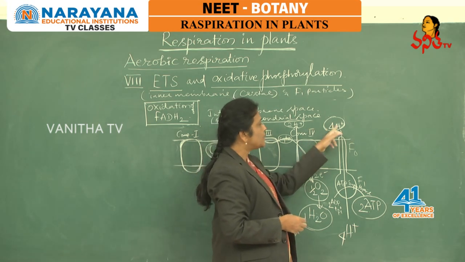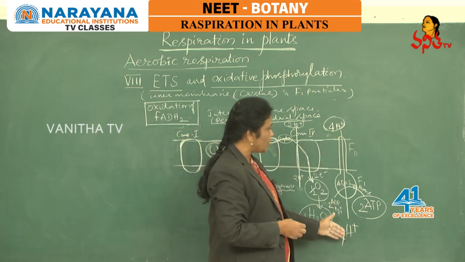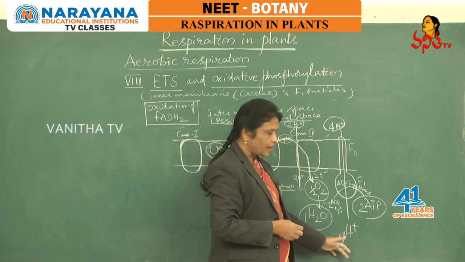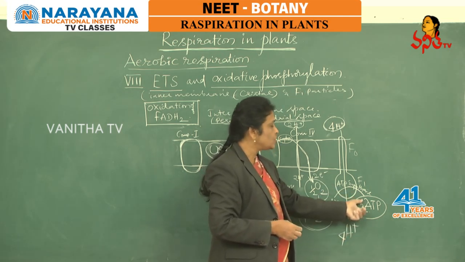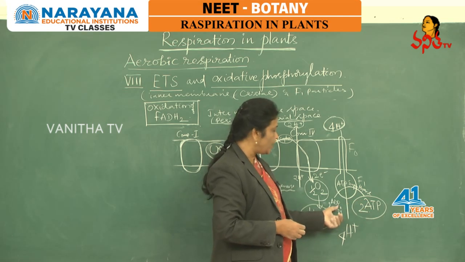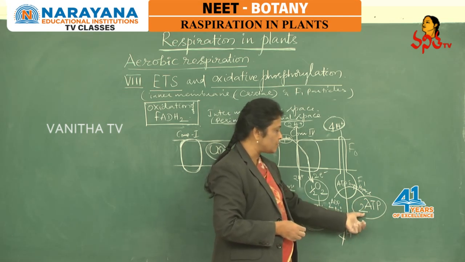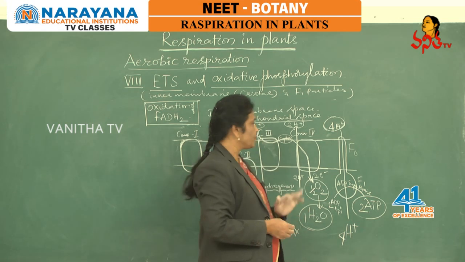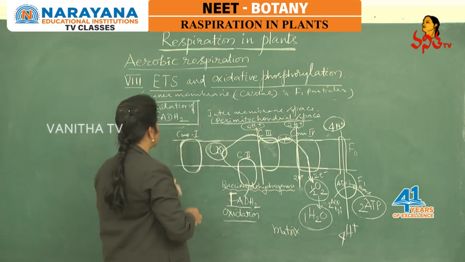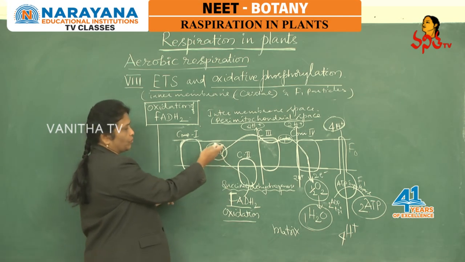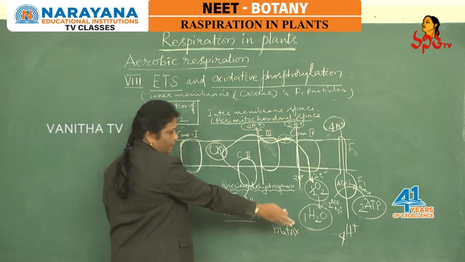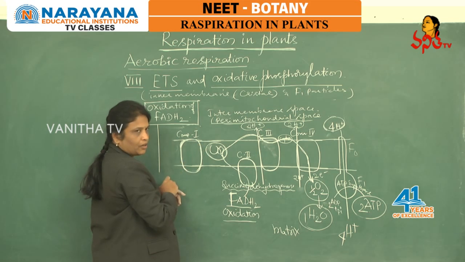Okay. And those 4 protons are channeled through the coupling factor and again added to the matrix, liberating a certain amount of energy which can couple 2 ADP and 2 inorganic phosphates to form 2 ATP. So we summarize that the oxidation of FADH2 is through complex 2, ubiquinone, complexes 3 and 4, and complex 1 is not at all involved.